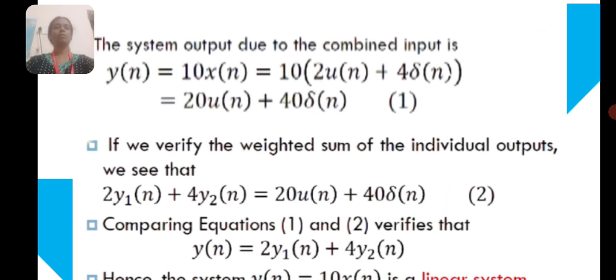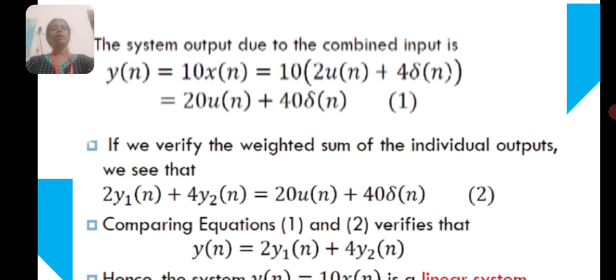So now the system output due to the combined input, as per the given problem, y of n is equal to 10 x of n, which is equal to, substituting the value of x of n here, 10 times 2u of n plus 4 del of n, and therefore the answer is 20 u of n plus 40 del of n.